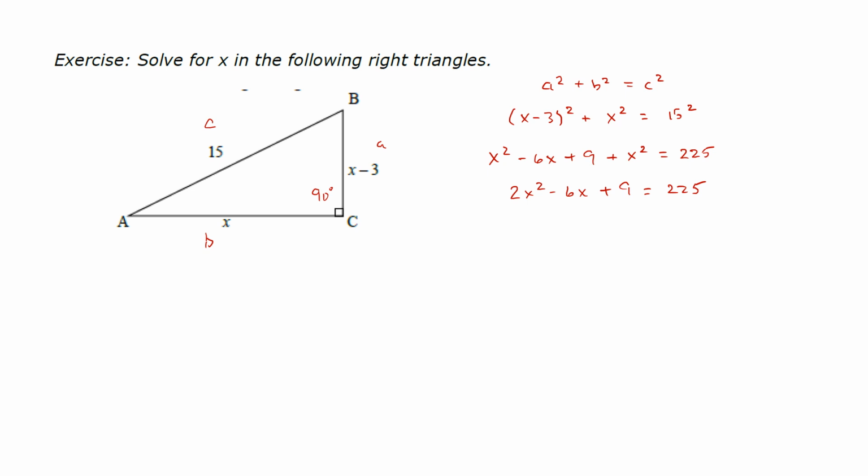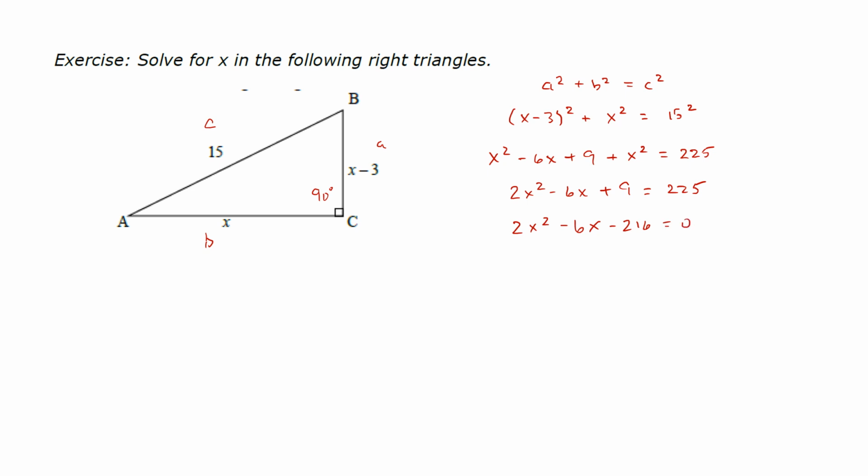I then want to get my quadratic here in factored form, but in order to do that, I need to make sure that it's set to 0. So I'm going to subtract 225 to the left side. So that will give me 2x squared minus 6x minus 216 equals 0.